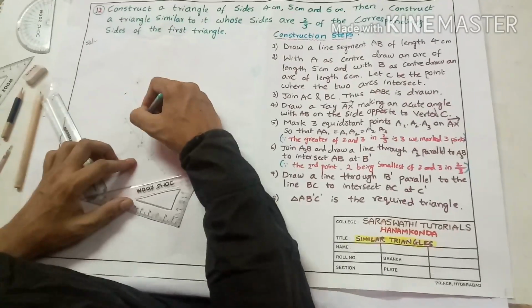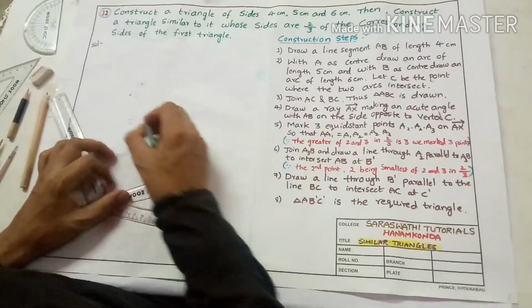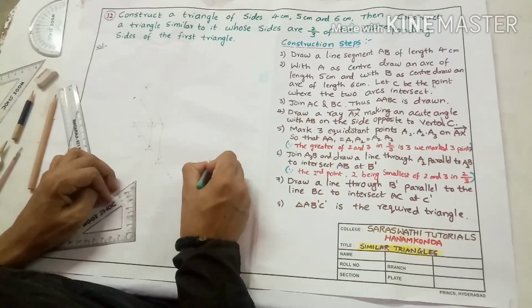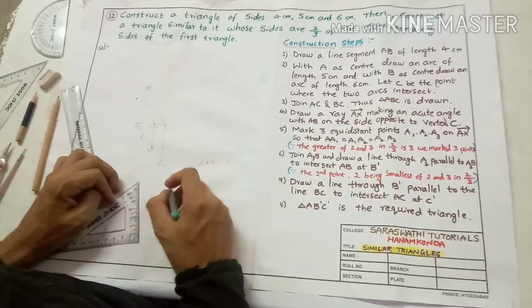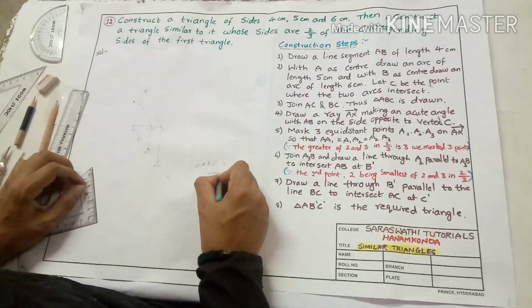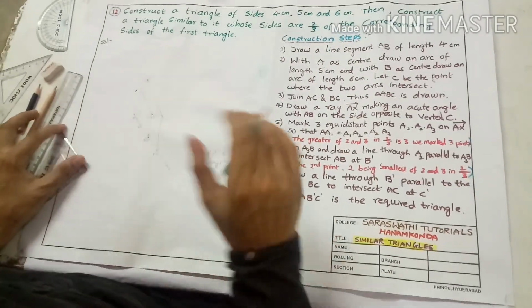This line meets AC at C'. So triangle AB'C' is the required triangle. This is the required figure.